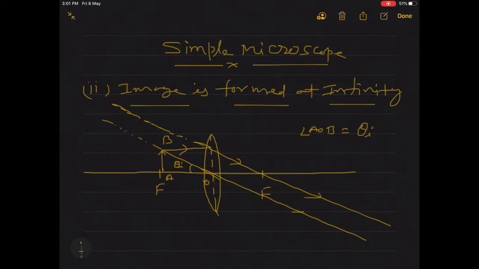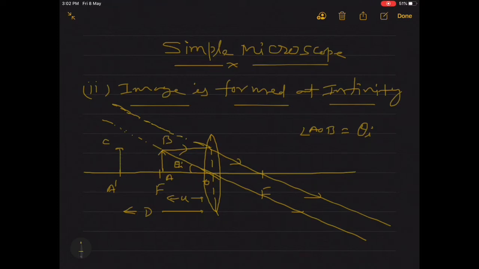Then we want to have theta O also. If you remember, in the last case we took the definition of angular magnification, and the angle subtended by the object is used when it is placed at D. So let this location be A dash, as we had taken in the last case, and this distance is capital D. Again we will cut an arc equal to the size of the object.